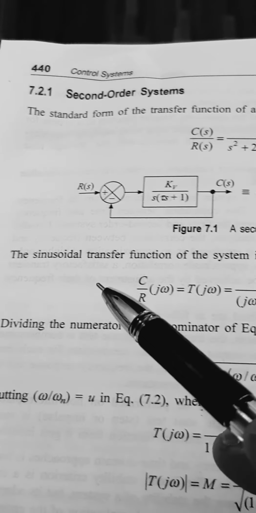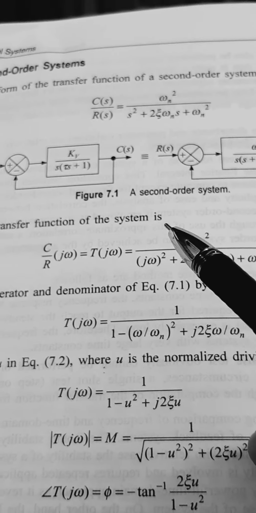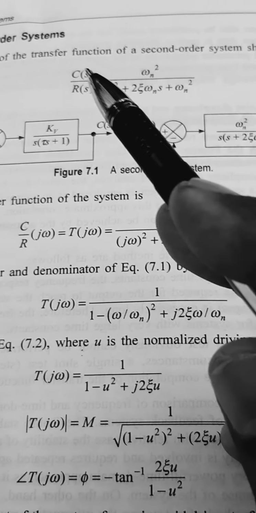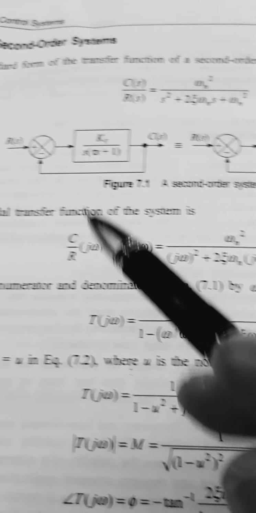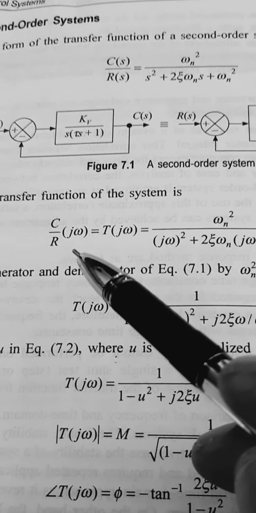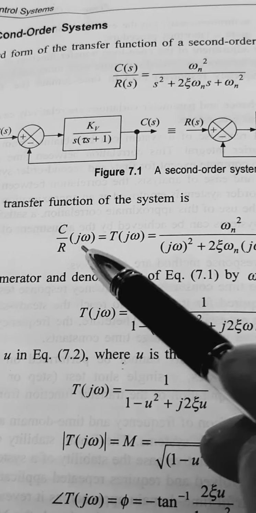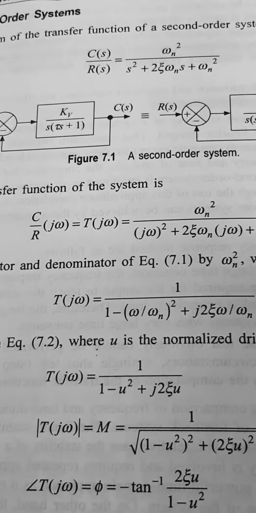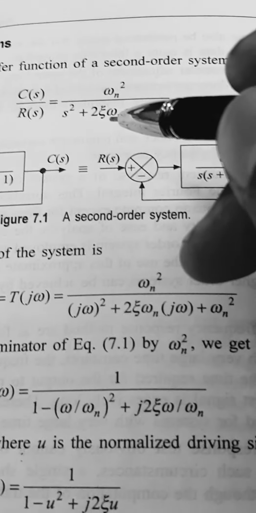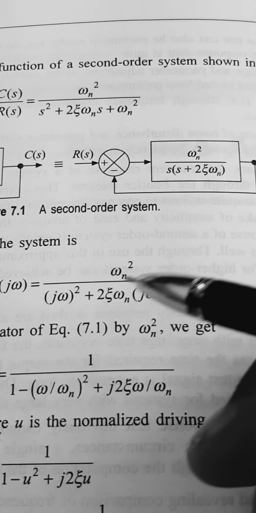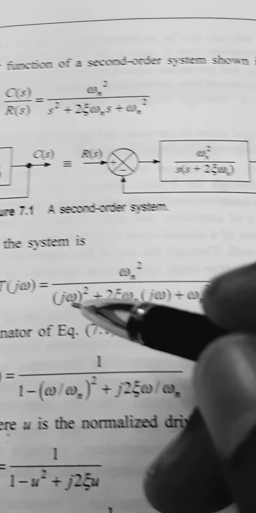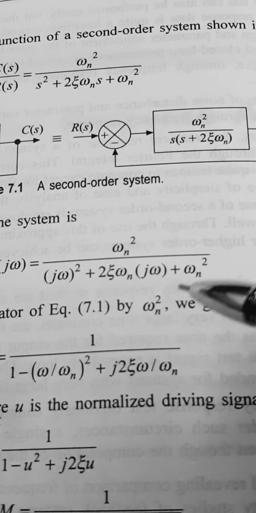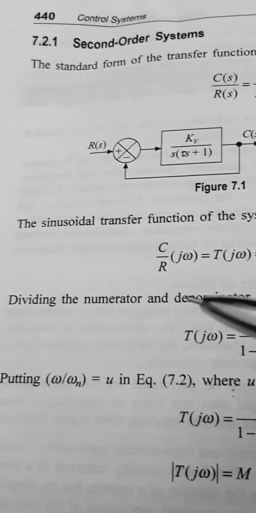Now, the sinusoidal transfer function of the system is obtained by replacing s with j omega in C of s divided by R of s. Then C by R of j omega is equal to T of j omega. Wherever s appears in the above equation, it is replaced by j omega. So we get omega n square divided by j omega square plus 2 psi omega n j omega plus omega n square.